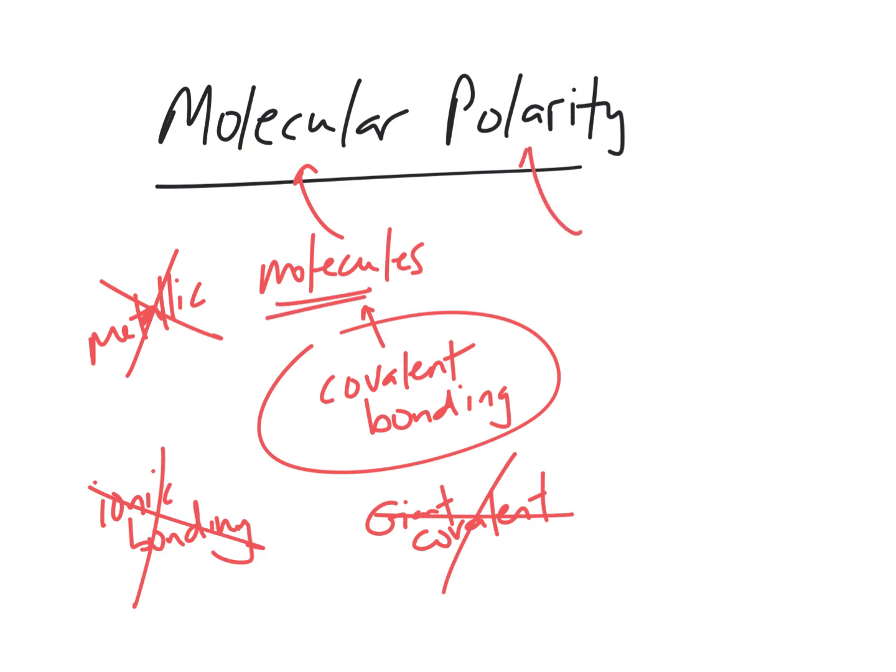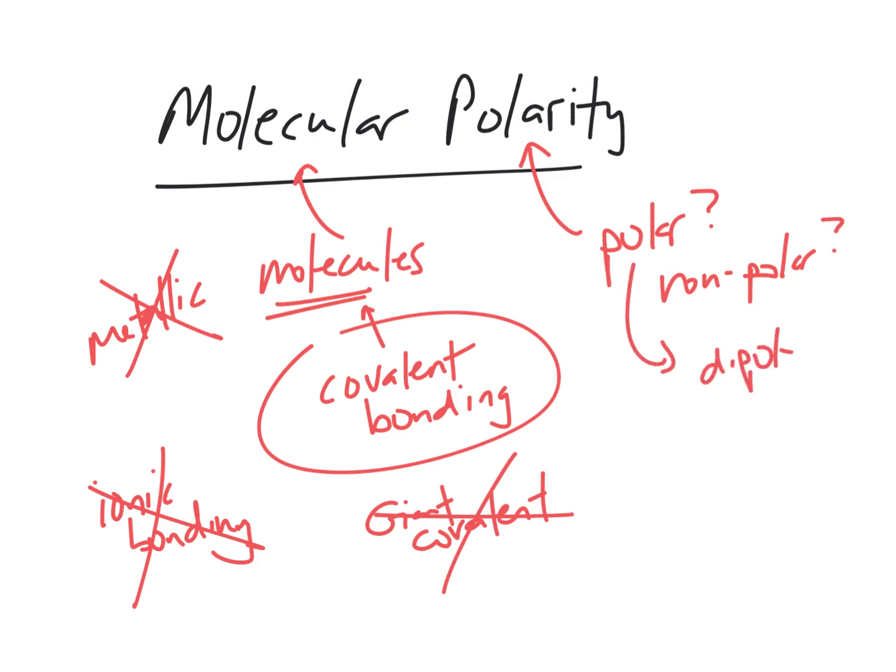And we're assessing whether or not they are polar. Are they polar or are they non-polar? That's the question. Another thing we could say is if they're a polar molecule, we say they have a dipole. They have, in particular, a molecular dipole. And we might also say that they have a dipole moment.